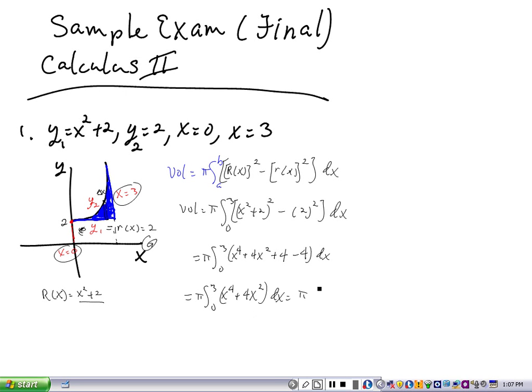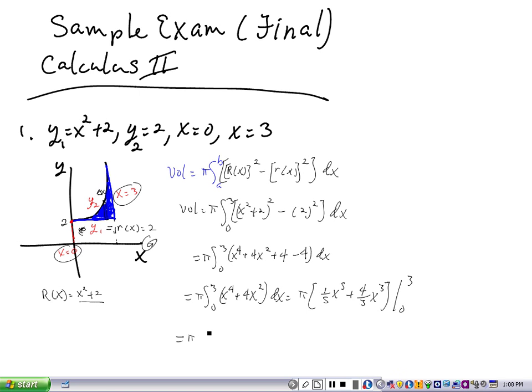So we get pi times the integral from 0 to 3 of x to the 4th plus 4x squared dx. Now you integrate, we have pi times 1/5 x to the 5th plus 4/3 times x to the 3rd, evaluated from 0 to 3.